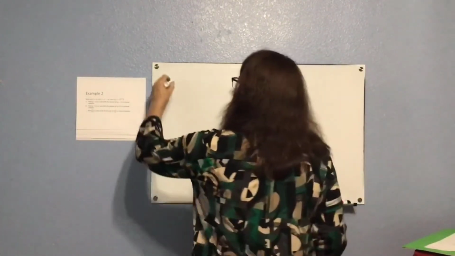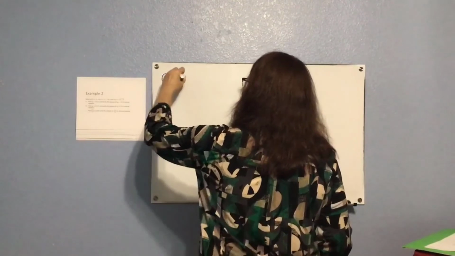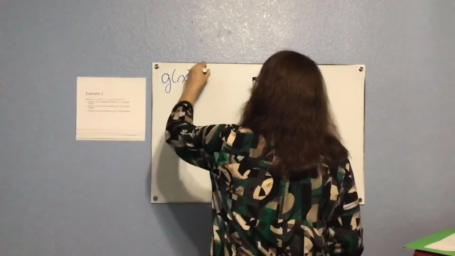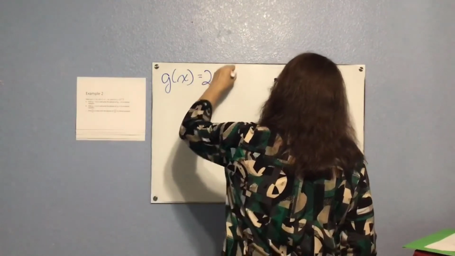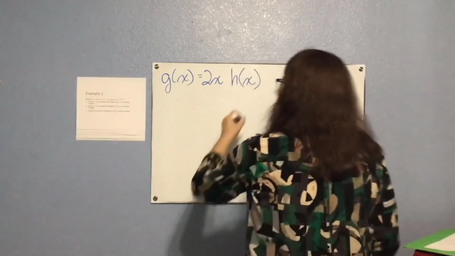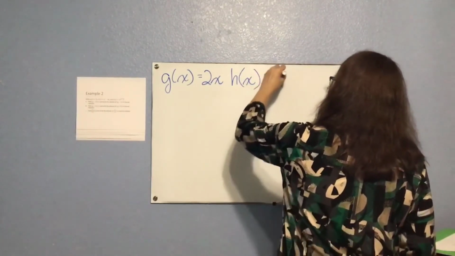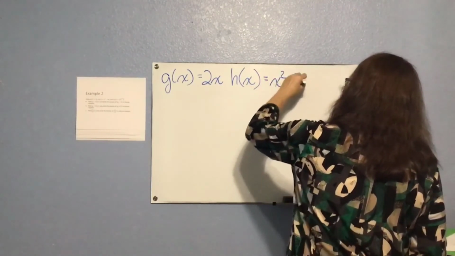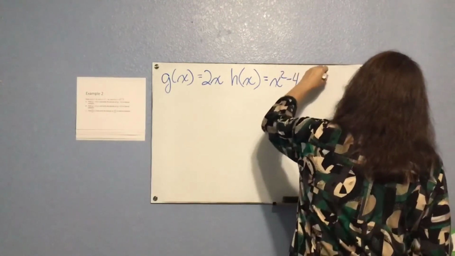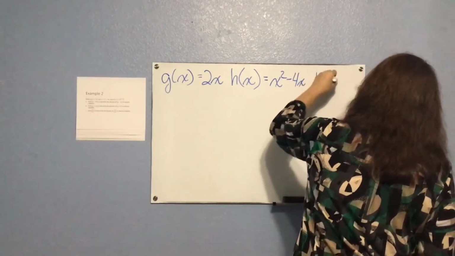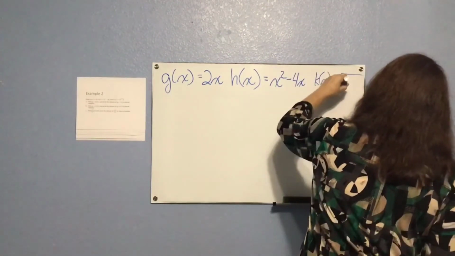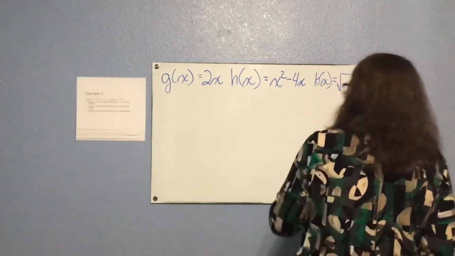For these problems, I'm going to say that g of x is equal to 2x, h of x is equal to x squared minus 4x, and k of x is equal to the square root of x minus 1.